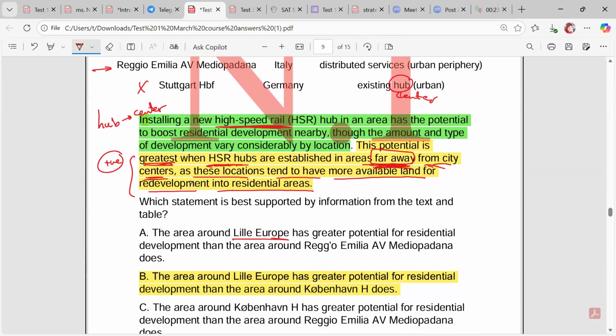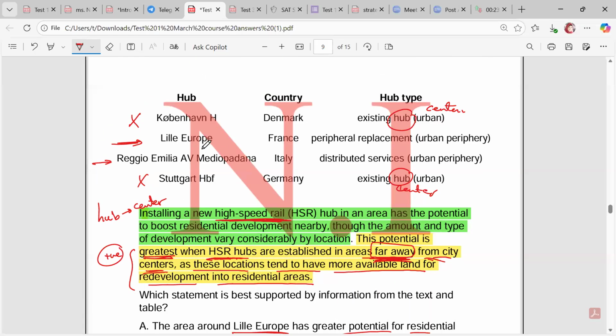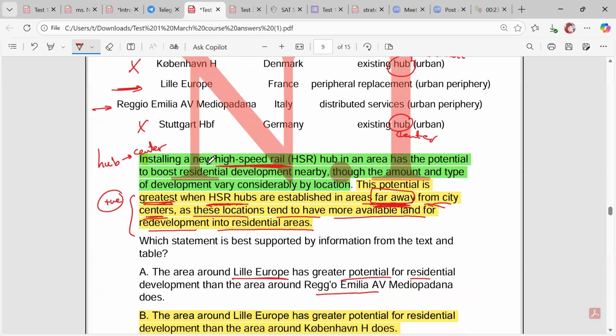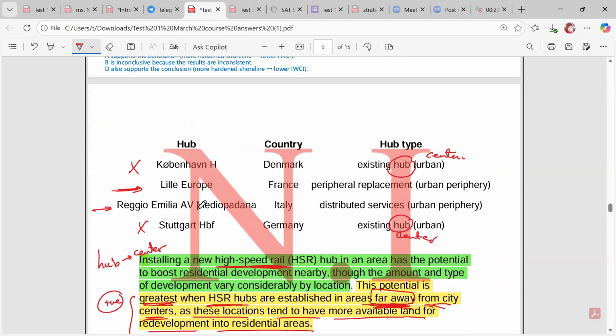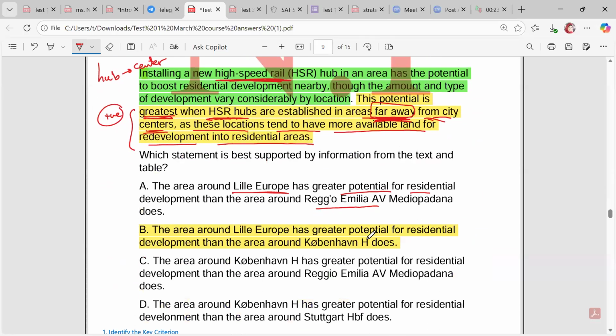Here: the area around Lily Europe has greater potential for residential development than the area of Reggio Emilia. It is a comparison between the two. No, I want these to be greater, or greatest, or greater than the other ones in the centers.